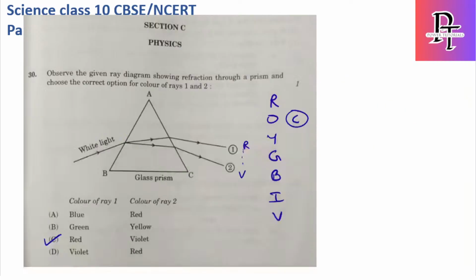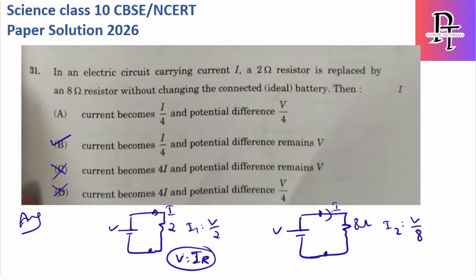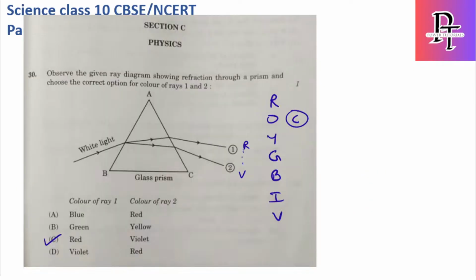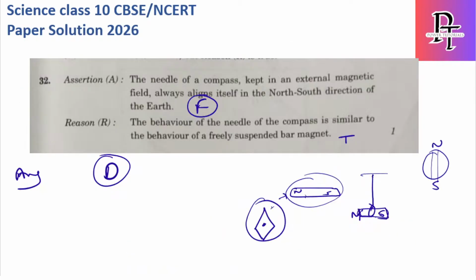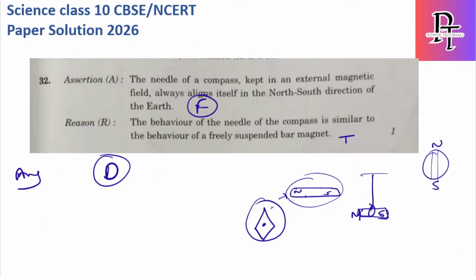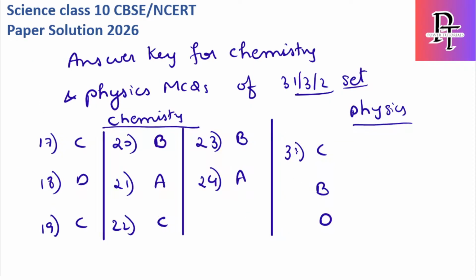I'll write all these 3. 30 is C, 31 is B, and 32 is D. CBD. Let's see the question numbers: 30, 31, 32. Okay, so these are the answers for the physics and chemistry MCQs.